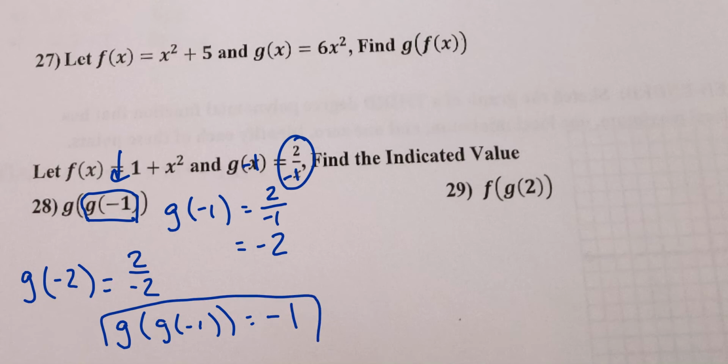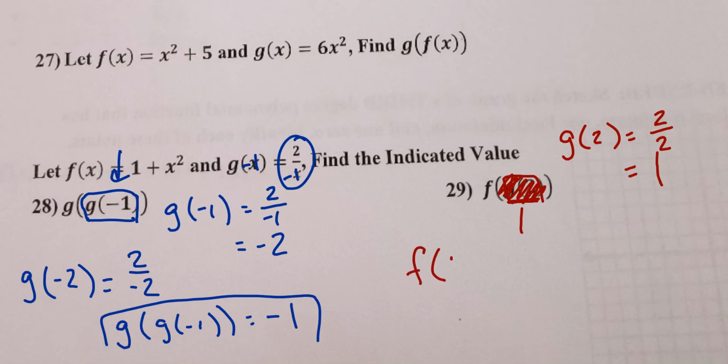29 is exactly the same, except I do g of 2 first. So I put g of 2. Remember, that's 2 over, instead of x, I'm going to put 2. So g of 2 equals 1. So this spot right here gets crossed out, and I put 1 in. All I can do after that, so f of 1 equals 2 over 1, which is 2.